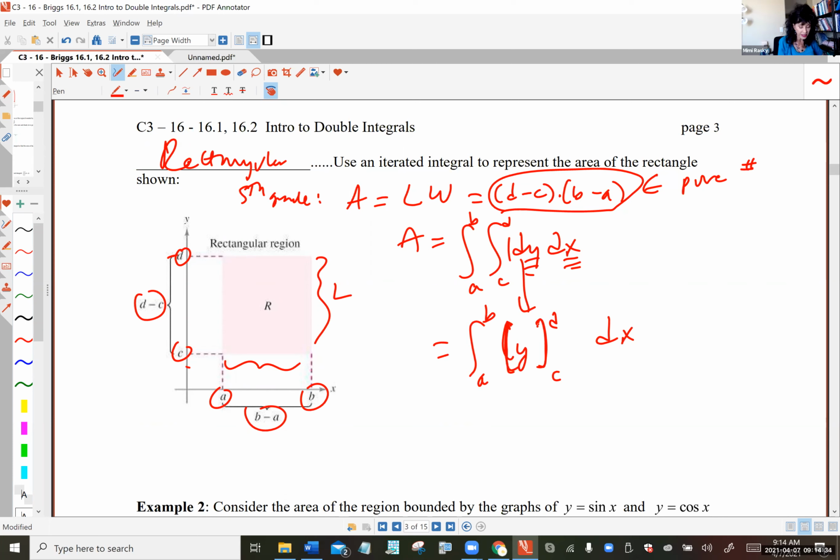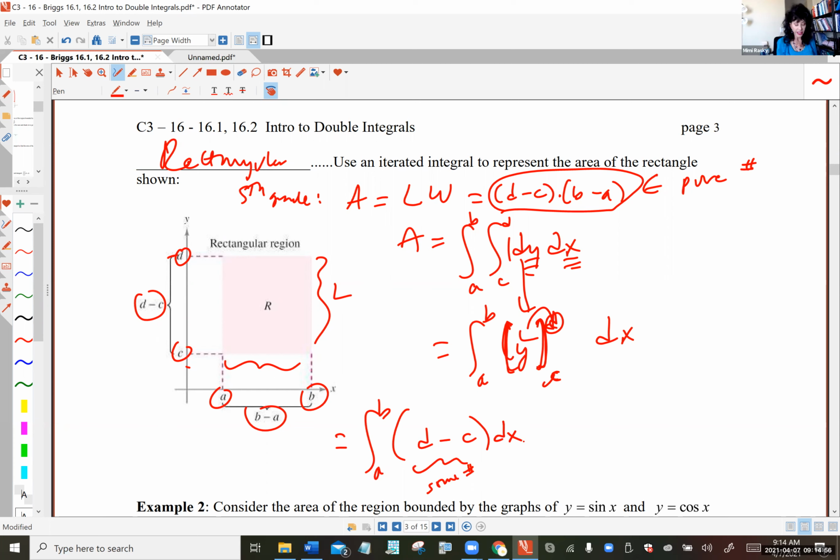I like to see brackets here, and then I like to see the limits of integration prior to you plugging them in. Don't skip steps, please. Then you actually do your fundamental theorem, and you replace the y with d, and then minus, you replace it with c. And remember, this is just some number, d minus c, because c and d are numbers.